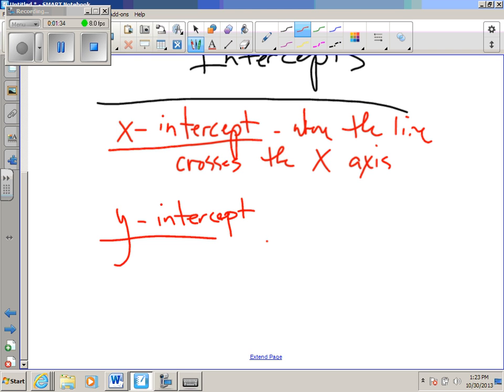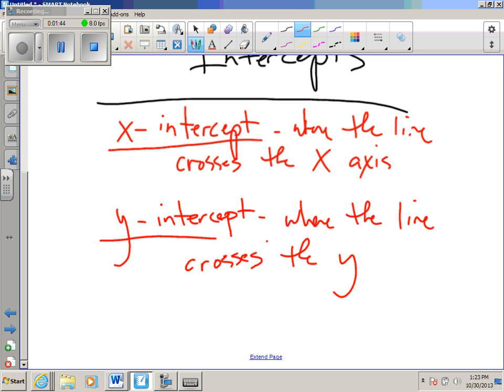The y-intercept is where the line crosses the y-axis. Okay, so make sure you understand the difference between the both of them.